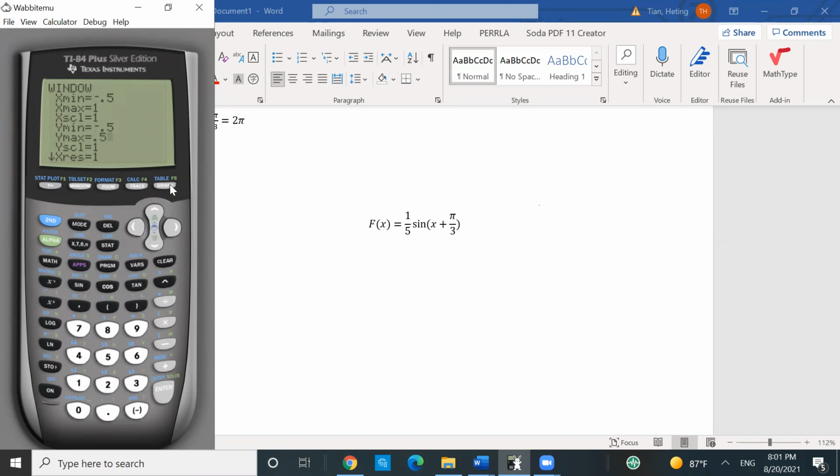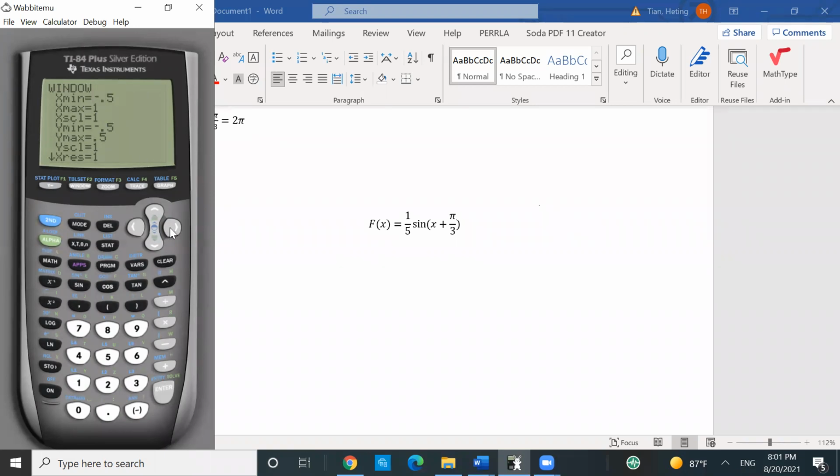So let's graph. If we can see a clear graph, maybe this is the first graph, the sine x, and then later the cosine x graph, and then this one, but I still cannot see it clearly. So change the window. This one is too small.